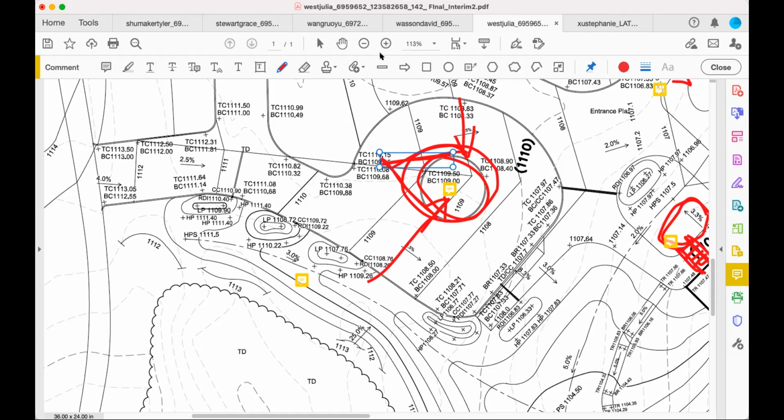About that spot, wouldn't that be a high spot though, because it has my ridge line in it? It goes through the potential bioretention area because my ridge line's up there, so the water's flowing away.